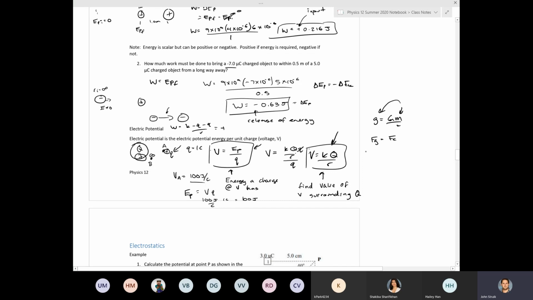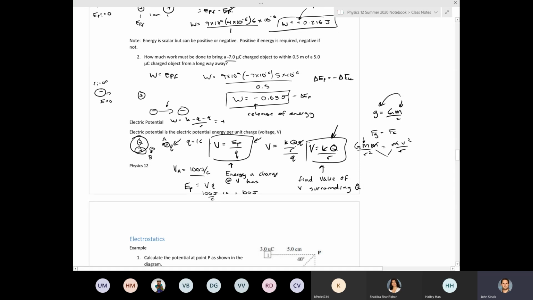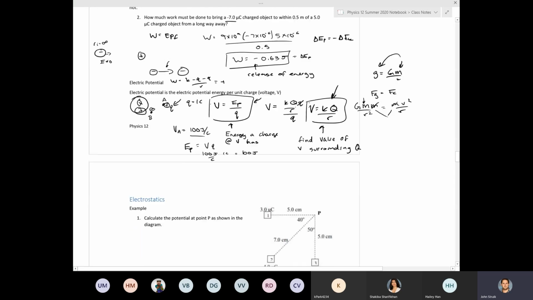So FG was m times g, right? So GMm over R squared equals mv squared over R. When you cancel out the mass, you're canceling out the mass of the thing that's in the field, because this is the thing that's creating the gravitational field in the first place. Okay, so it's just finding out which one's which that is kind of the hard part.